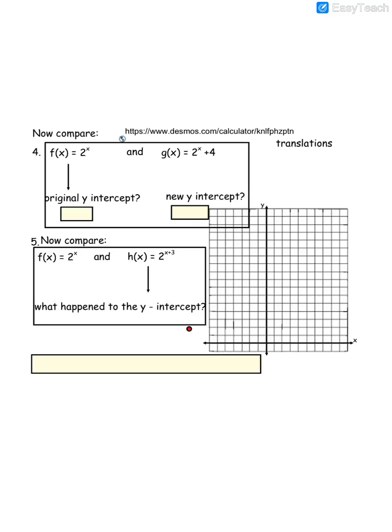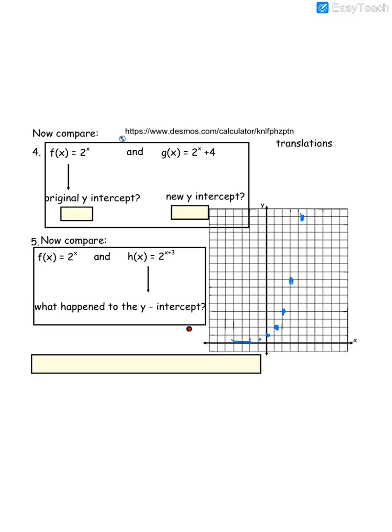We can go back and we can plug in 2 caret x. And we can hit the table if you want to get some points. So you know how to graph this again. So we had -2, 1/4, -1, 1/2, 0, 1, 1, 2, 2, 4, 3, 8, 4, 16.